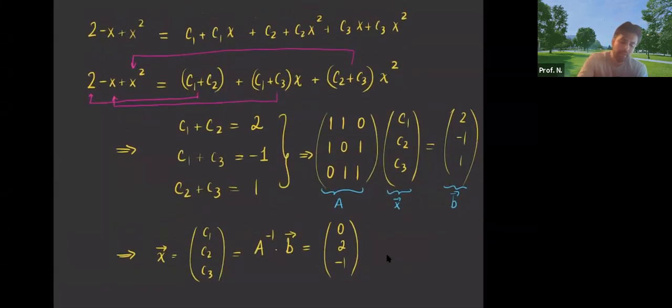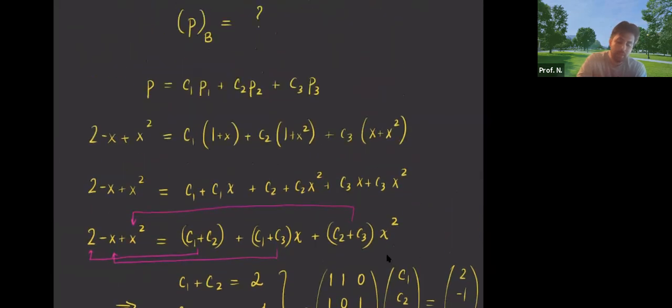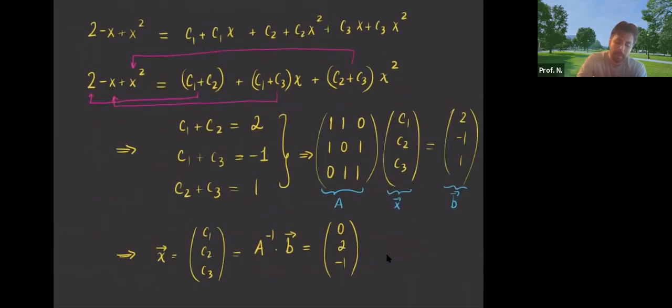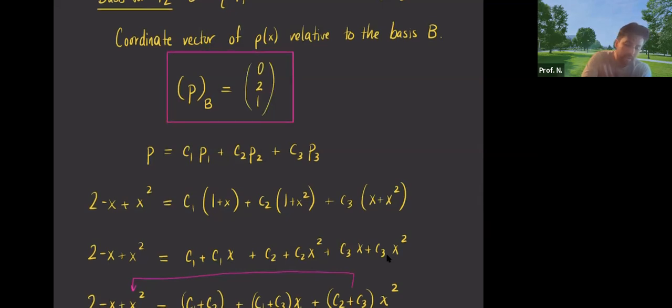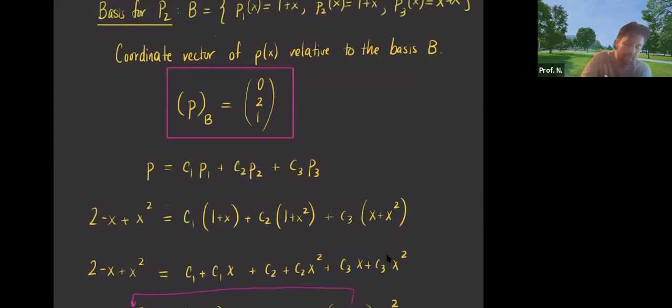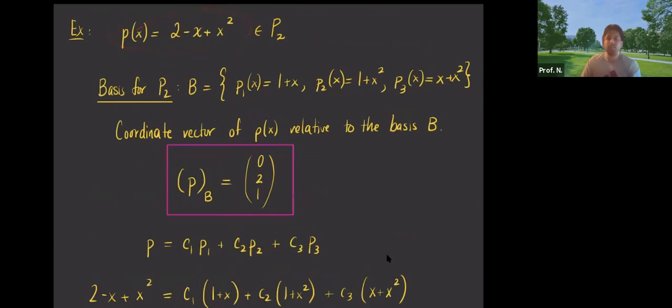So this is the coordinate vector of P relative to my new basis B. So we have 0, 2, 1. This would be the column vector. So it's like saying I need 0 of these, I need 2 of these, and I need 1 of these guys to get me this polynomial.